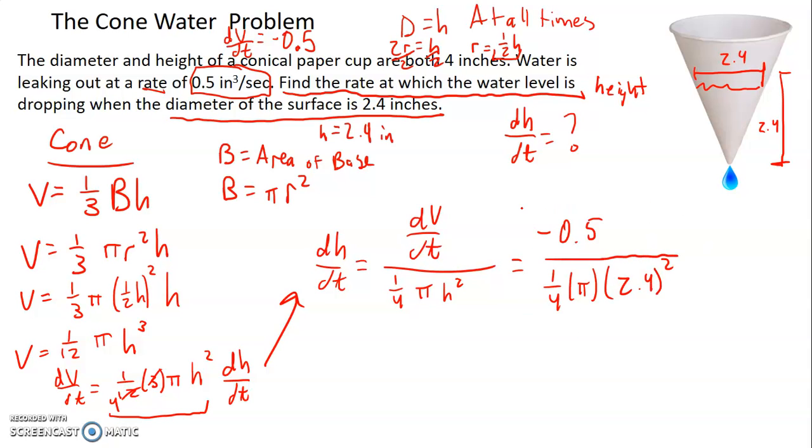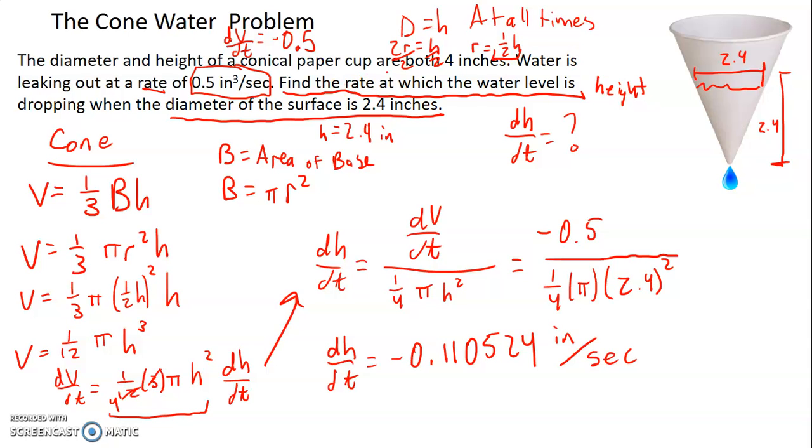Technically, I can just leave it like this, but since we have calculators right now, I'm going to figure out the value. So dH dt would be negative 0.110524, and I'm going to put in some units. Height is measured in inches, time is measured in seconds.